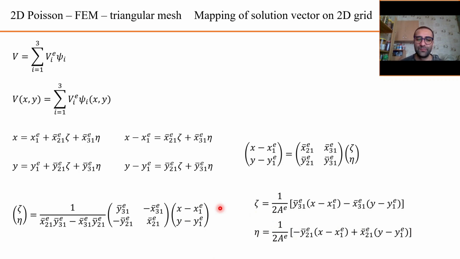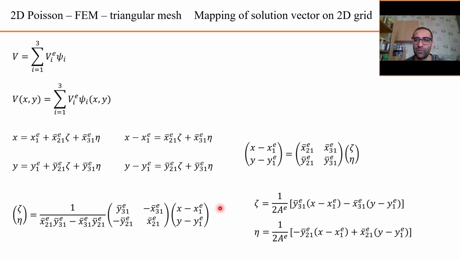Therefore, what we did: we derived the shape functions, we used a triangular mesh, we calculated the matrix M, vector S, and vector B, that are the left hand side, the source term, and the boundary integral, and we calculated the v. Then we said that this is a vector, and we need to map it to two dimensions.